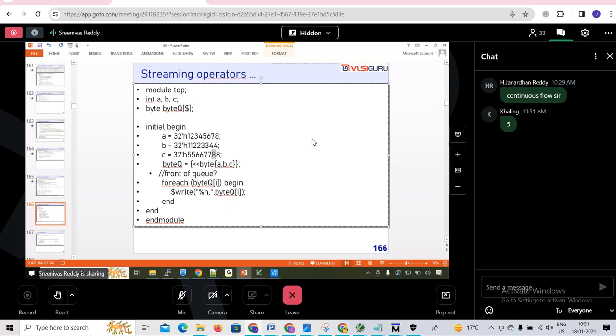It will be 88. What will be at the end of the queue, the back of the queue? 1, 2 will be there at the back.